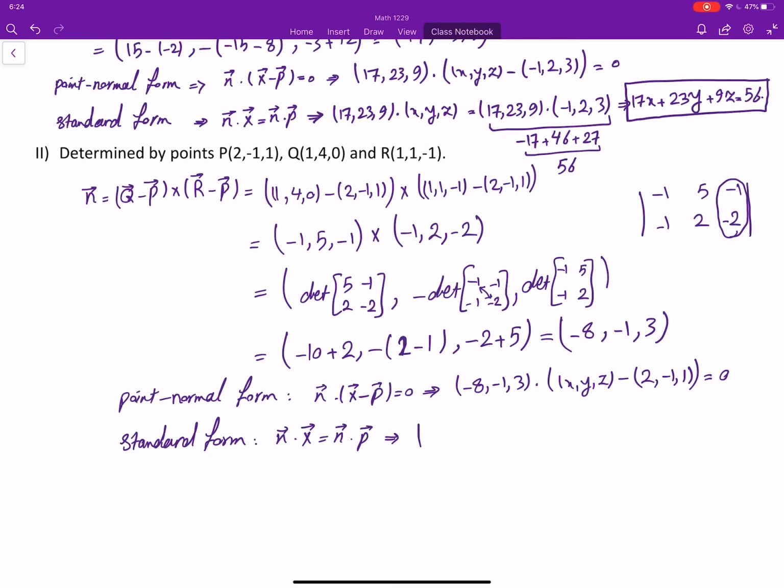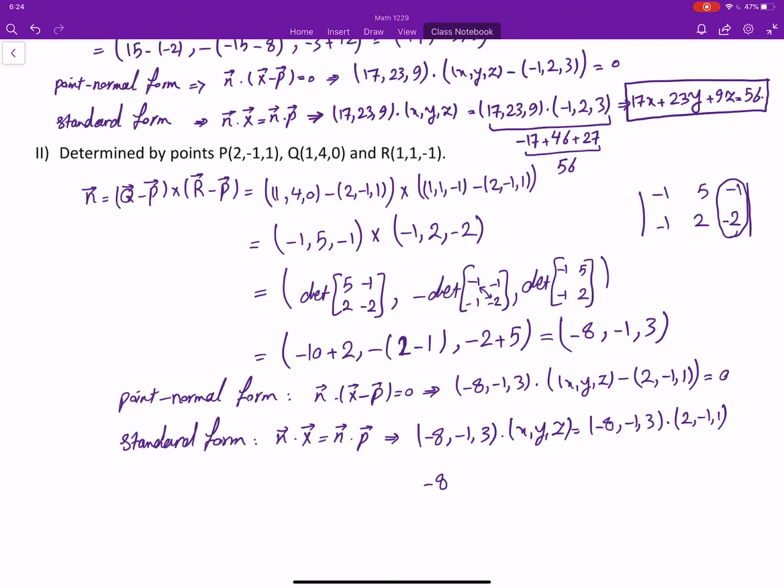Here we have (-8, -1, 3) dot (x, y, z) equals (-8, -1, 3) dot the point (2, -1, 1).